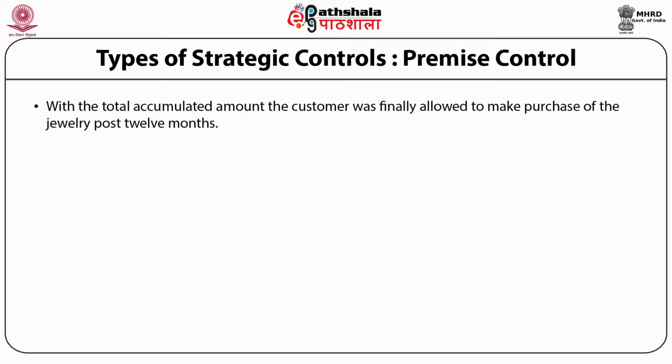With the total accumulated amount, the consumer was finally allowed to make the purchase of the jewelry after 12 months. This scheme was convenient for the consumer for purchasing gold jewelry as it was based on systematic investment and gave a run to other financial products in the market as far as returns were concerned.